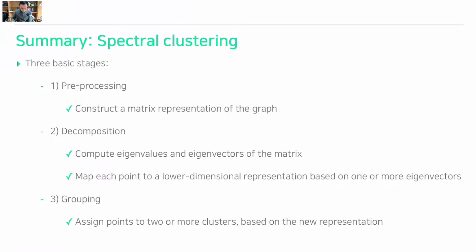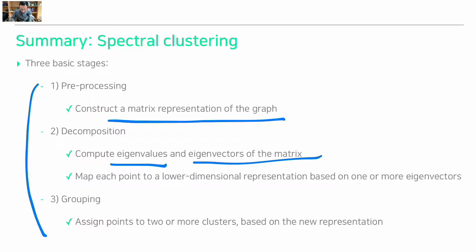So, a summary: we have three basic stages. Pre-processing: from the input, we need to construct the matrix representation. We need to have the adjacency, degree, and Laplacian matrices. We get the eigenvalues and eigenvectors, and we need to map the points.